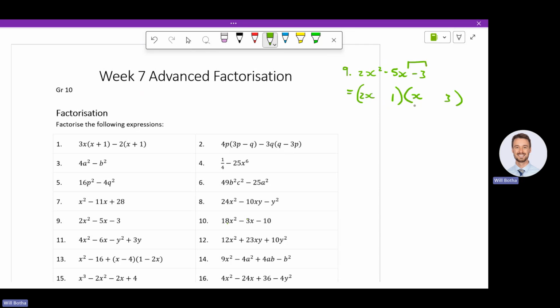I know my brackets are going to have different signs. So I know that the two factors aren't going to add together. They're going to subtract from each other. So if I get something like a negative 6x, and a positive 1x, positive 1x minus 6x does give me the middle term of negative 5x. And yes, I would get the first term and I would get the last term.